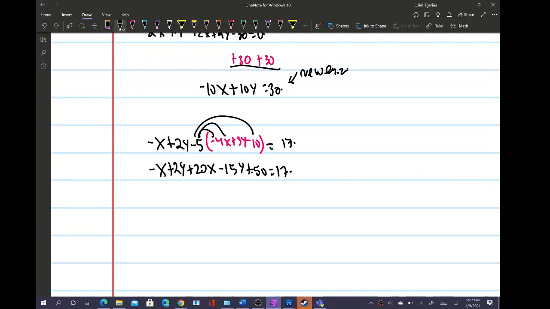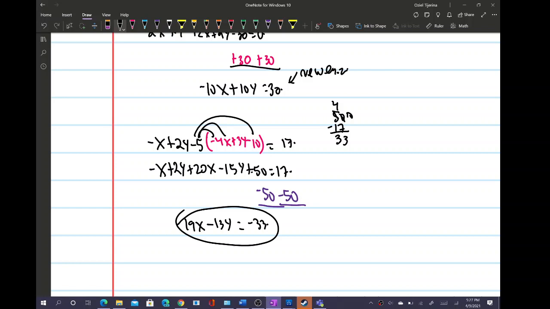So then you're going to say minus 50 on both sides. Negative x and 20x, that's 19x, 2y and negative 15y, that's minus 13y, and then 17 minus 50, that's negative 33. So let this be new equation 3.